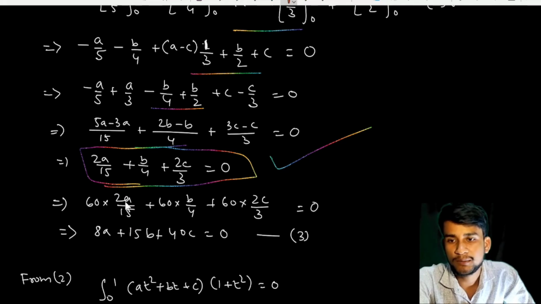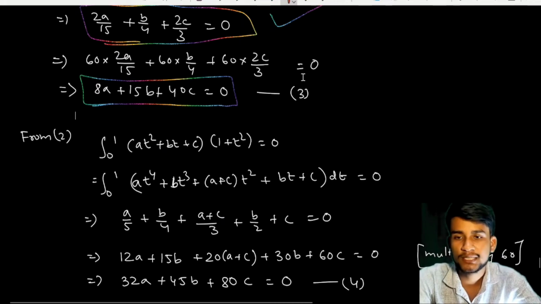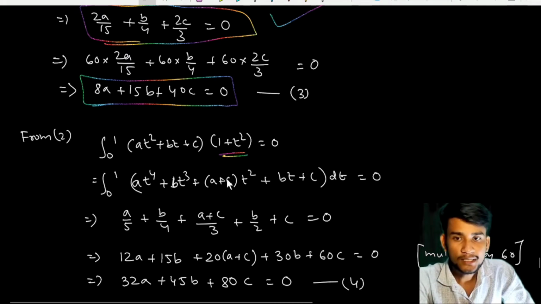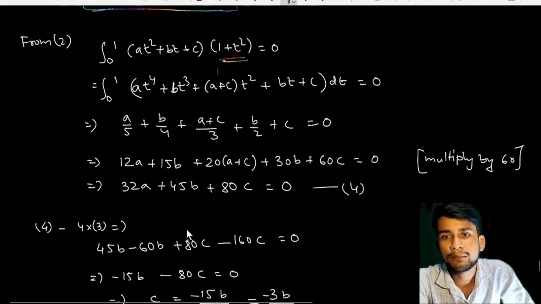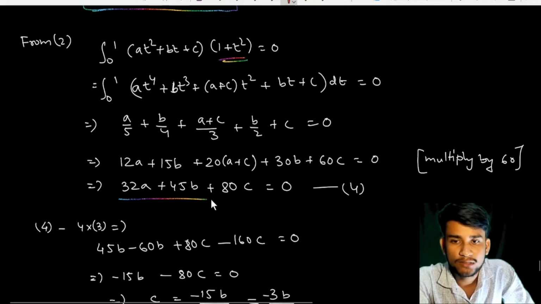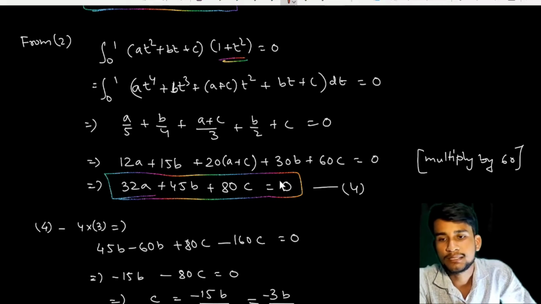If we multiply by the LCM of these three, we get 8a plus 15b plus 14c equals 0. Similarly, taking the second vector, we get 32a plus 45b plus 18c equals 0, multiplying by 60.